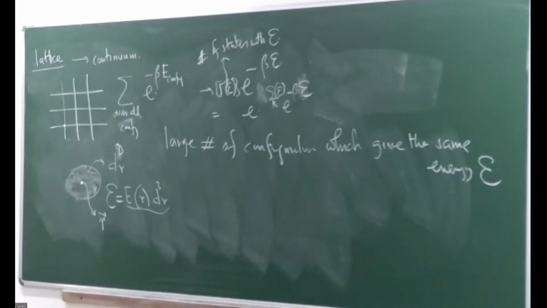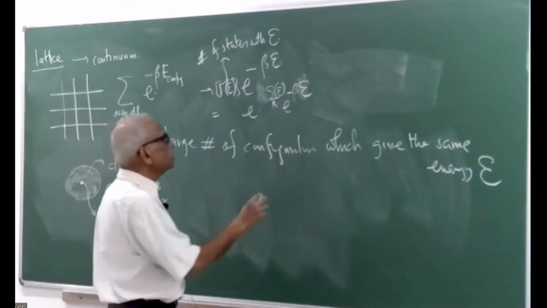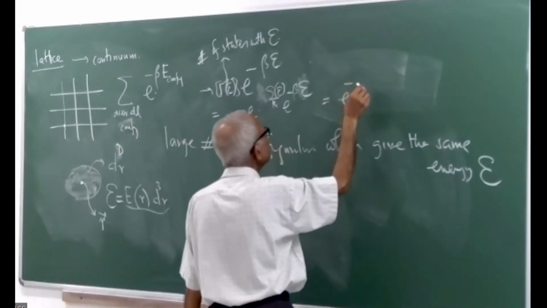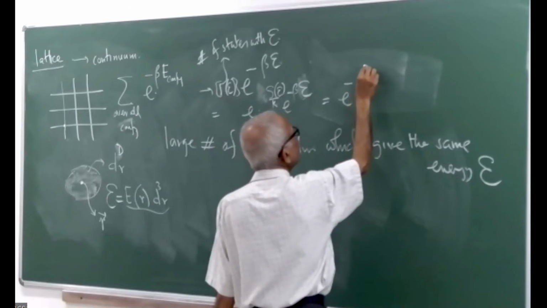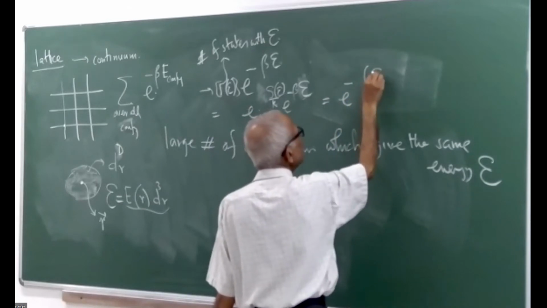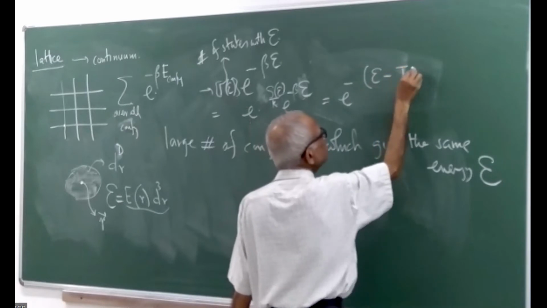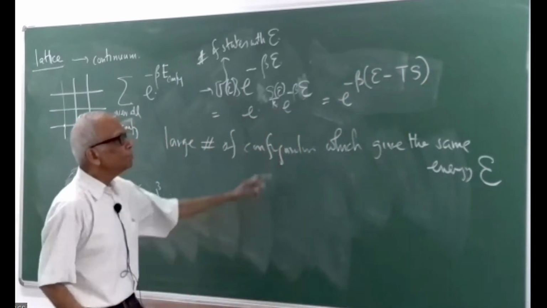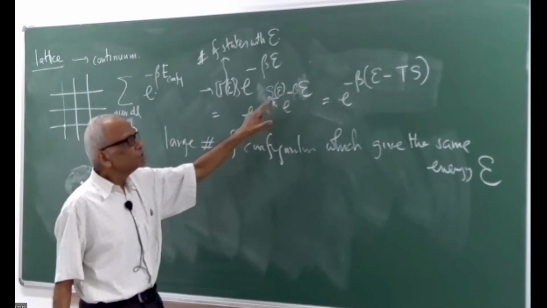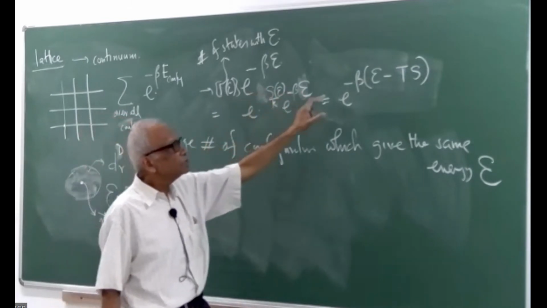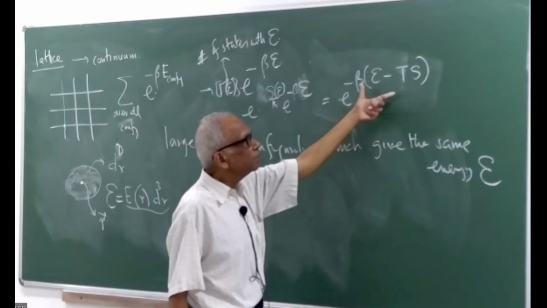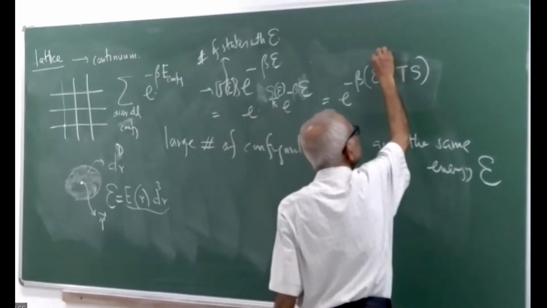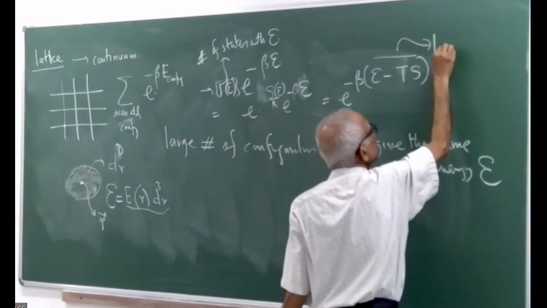Therefore this is equal to e to the power minus beta times E minus TS. Beta is 1 over kT, so this is E minus TS, and E minus TS is your free energy. So it is the local free energy.